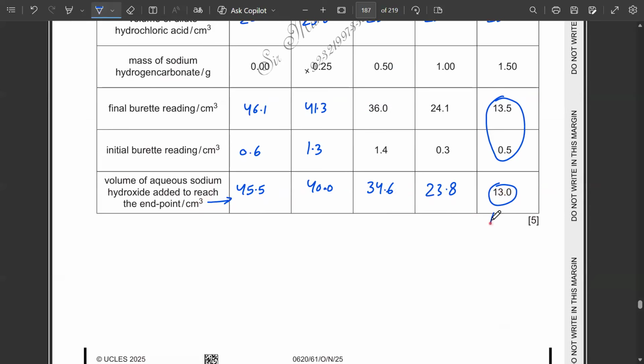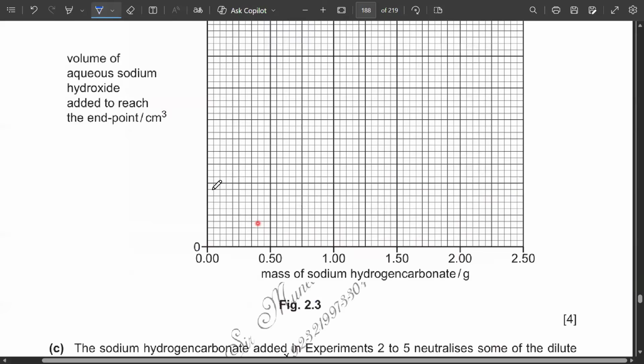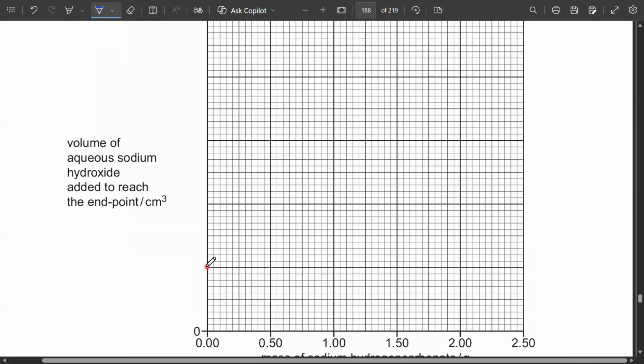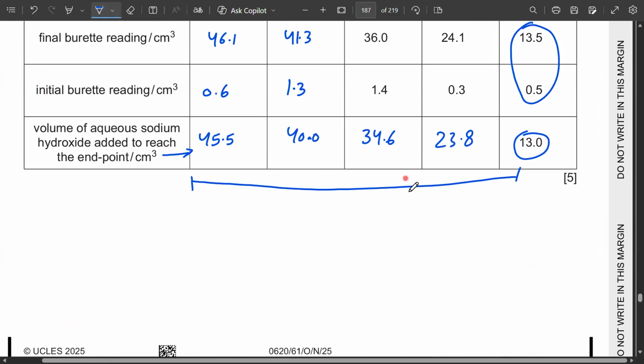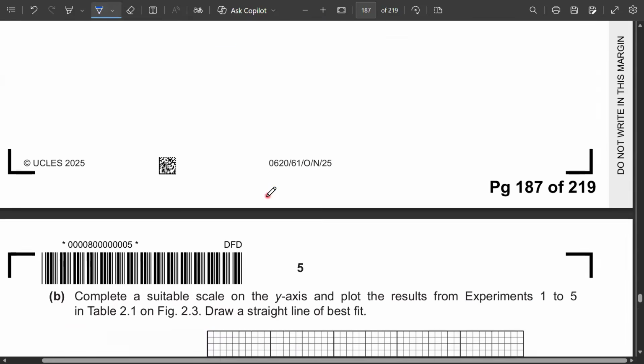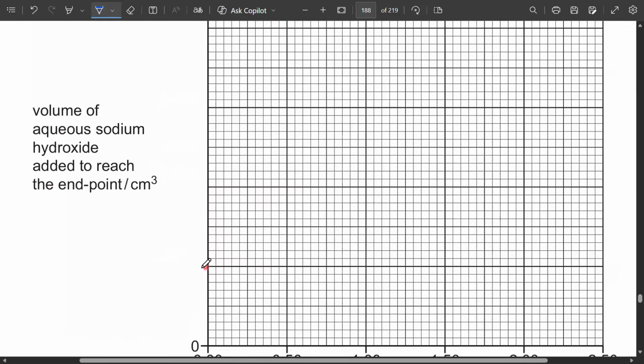You need to select a linear scale that should give you values in this range, and it should be more than half of the graph paper. So let's suppose I select this one as 10, 20, 30, 40, and this is 50. This will be sufficient for me, so I'm going to apply this scale over here.